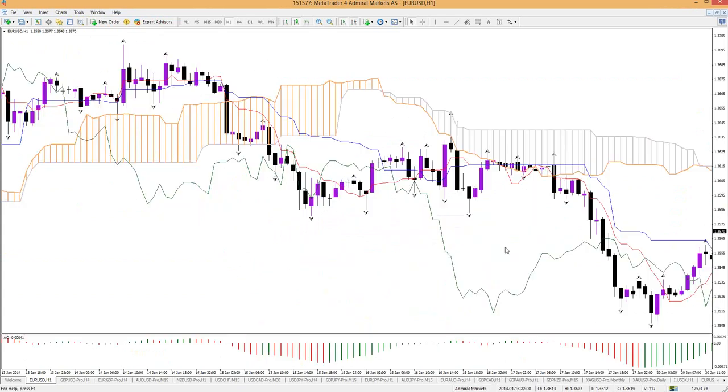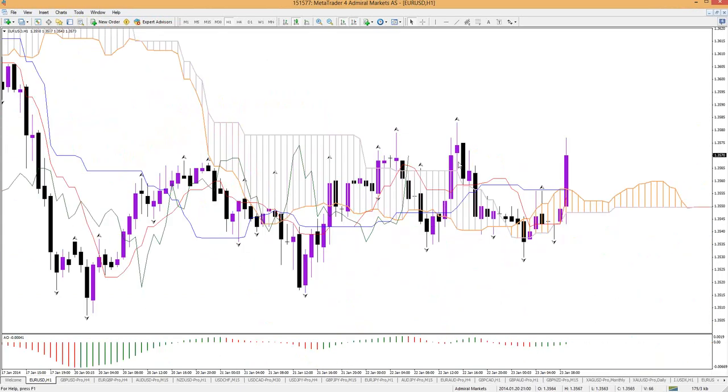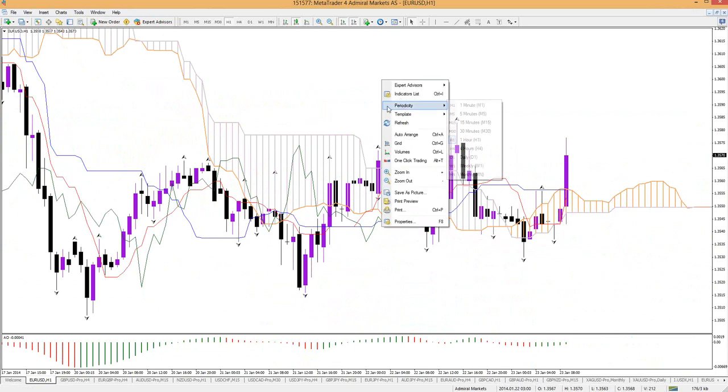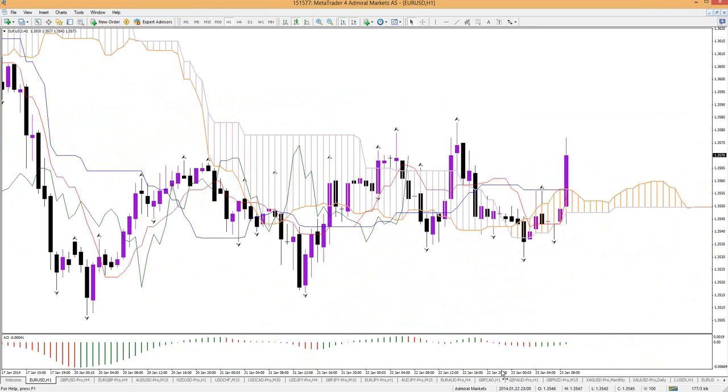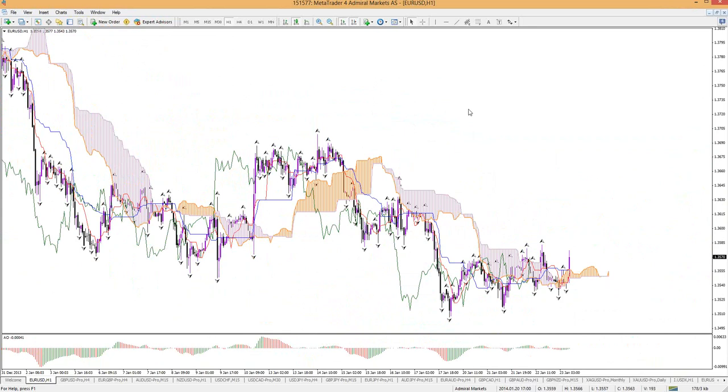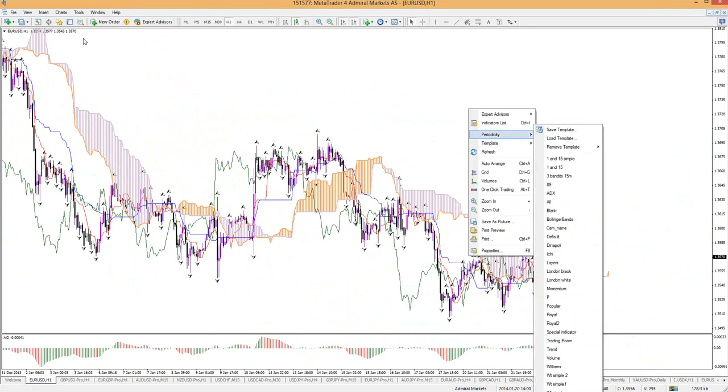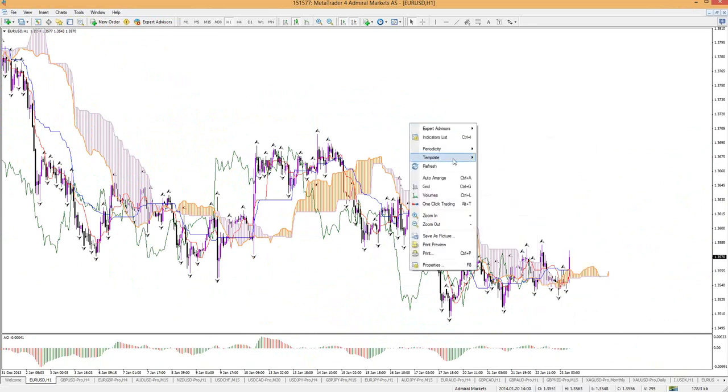Do I already have an Ichimoku template? Sorry. Ah, kind of weird candles though. Purple and black. Do you like that? Not too sure about that. I'll just go back. Sorry, I'll use the old one.